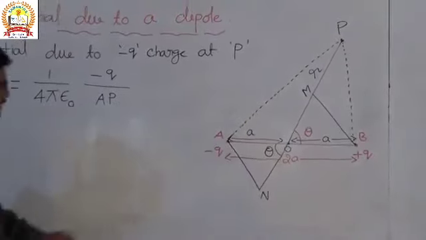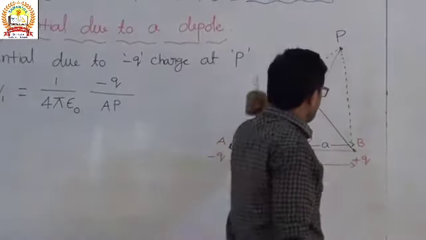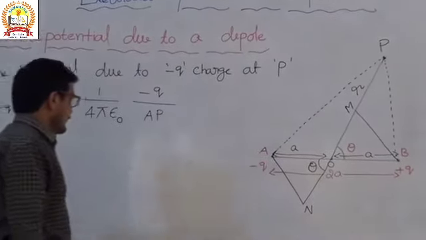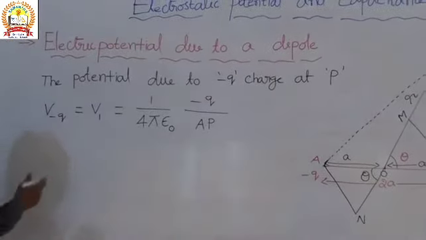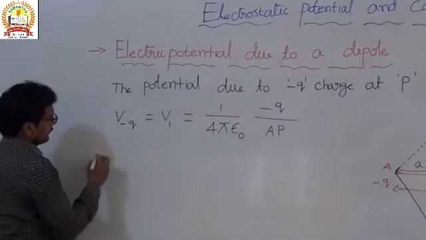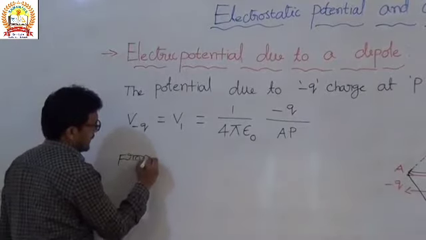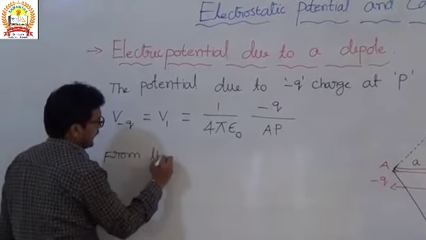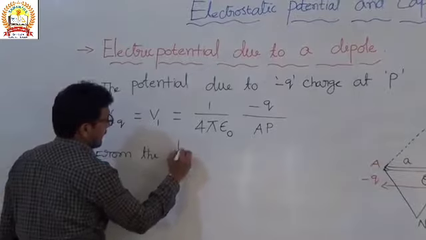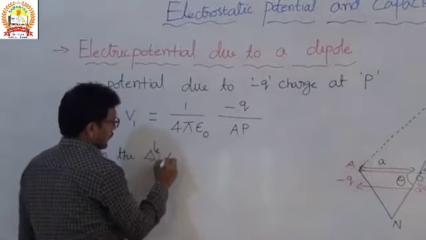Now to get the distances from A to P and from B to P. So from A, we take the right angle triangle ANO.